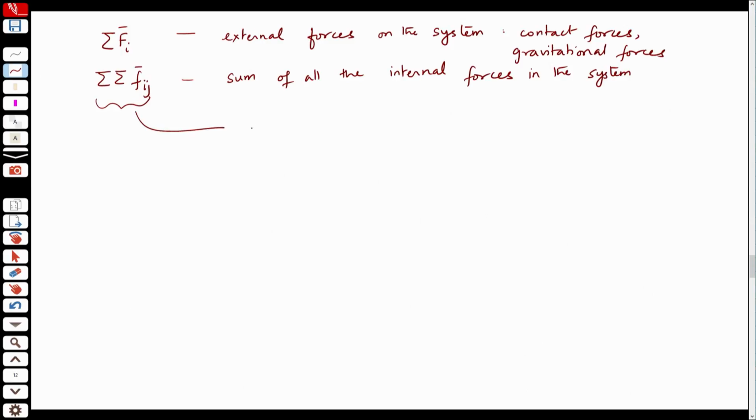This is equal to 0. Why? Because of Newton's third law, because for any f i j you have a minus f j i. Therefore, this shows that the internal forces do not contribute to the acceleration of the system.